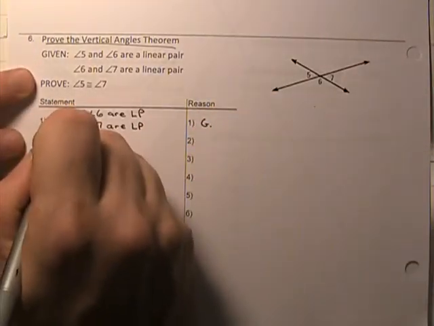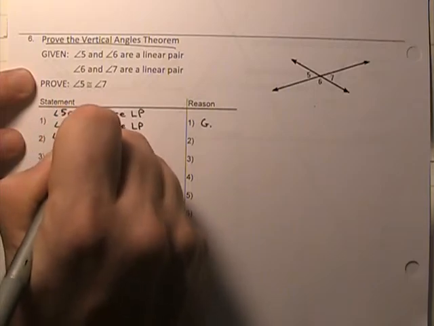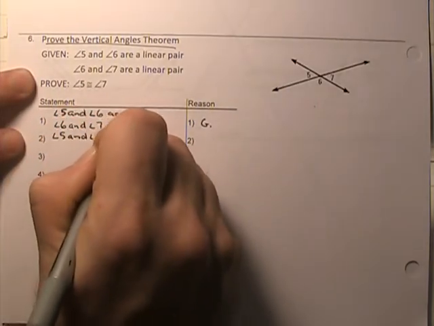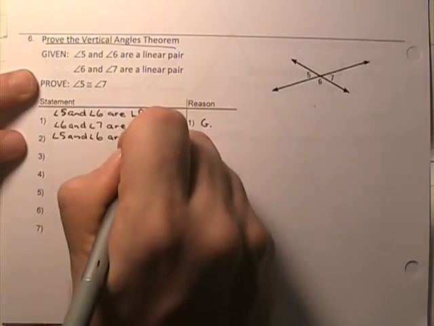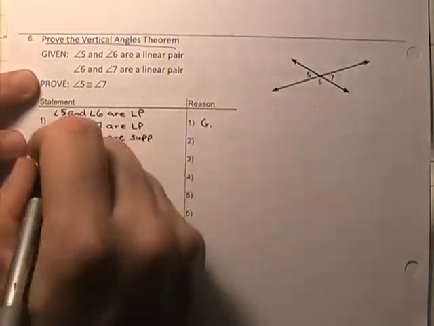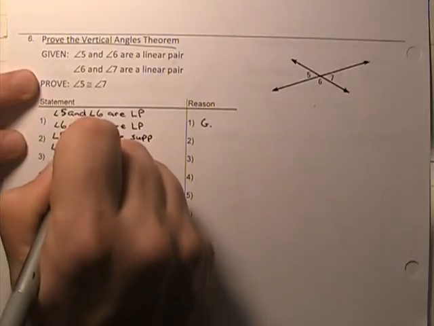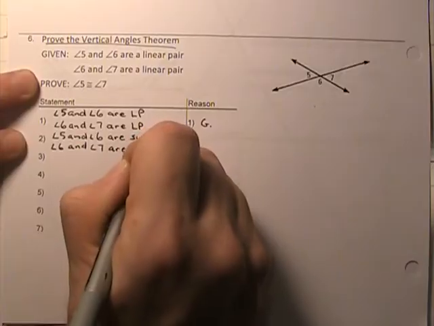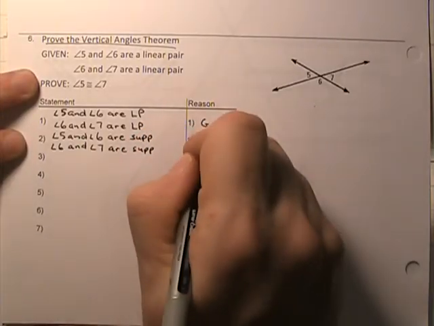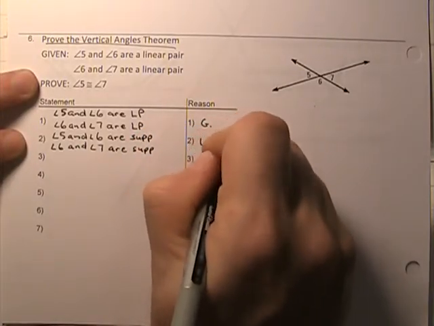We can say angle 5 and angle 6 are supplements. Angle 6 and angle 7 are supplements. That's the linear pair postulate.